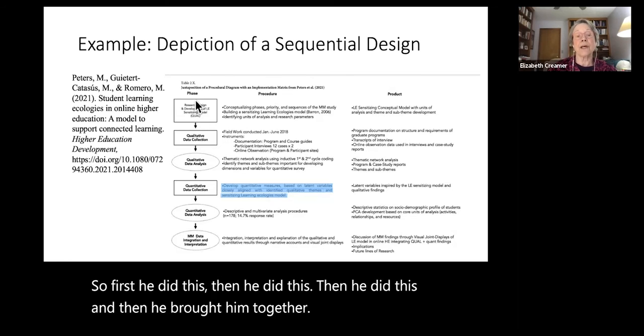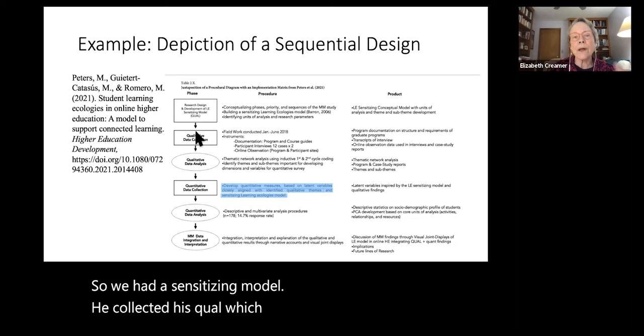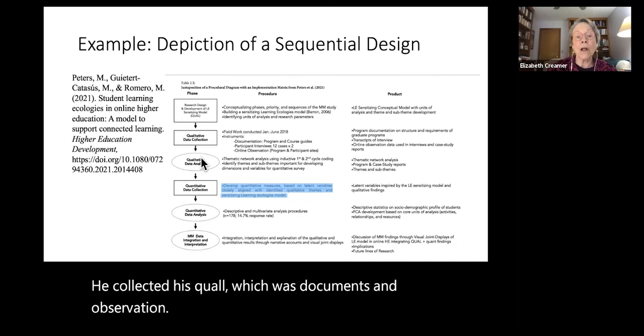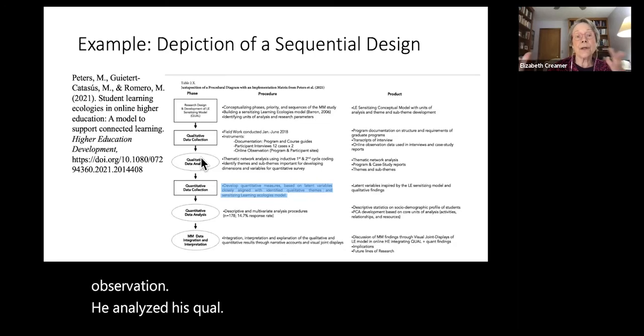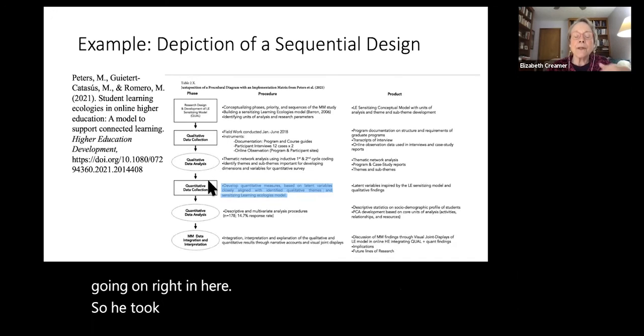So he had a sensitizing model. He collected his qual, which was documents and observation. He analyzed his qual using thematic analysis. He took his qual, see, there's quite a bit of mixing going on right in here. So he took the qual concepts to structure a survey.